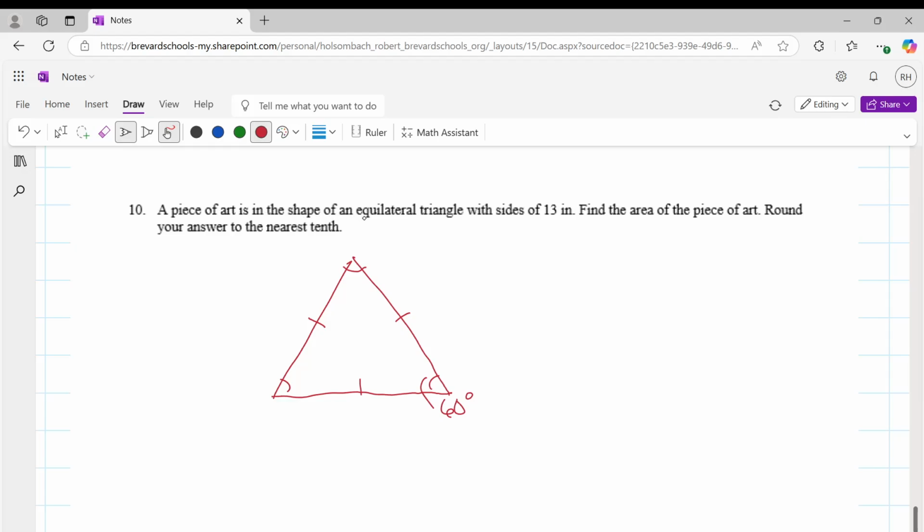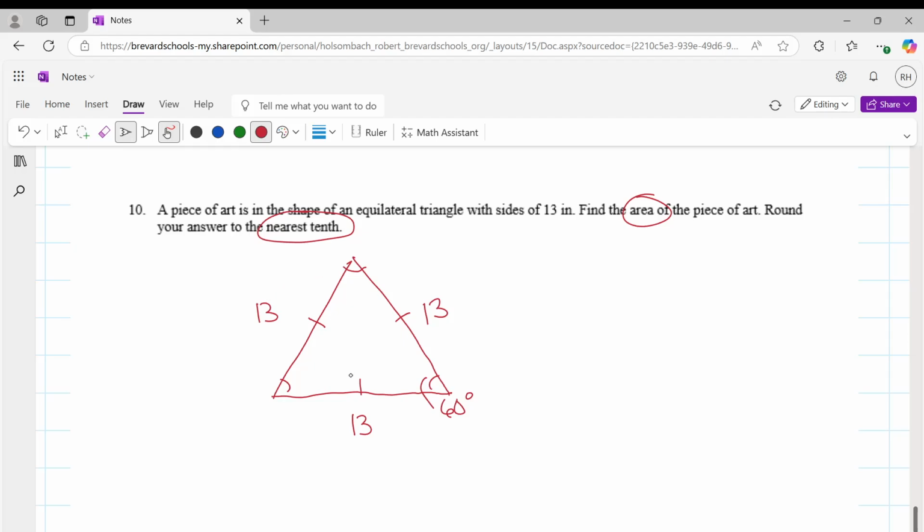A piece of art is in the shape of an equilateral triangle with sides of 13 inches. So this side's 13. All the sides are 13. Find the area of the piece of art. Round your answer to the nearest tenth.